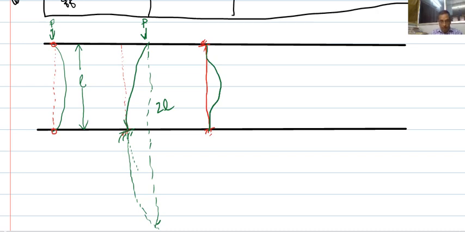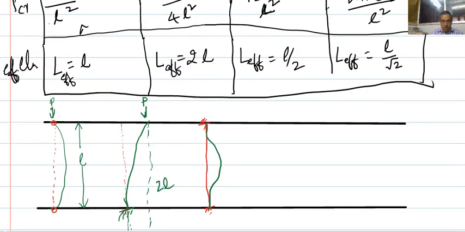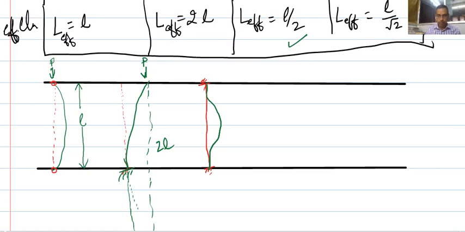It does not start buckling immediately here; buckling starts after some distance. So what is the effective length here? As I told you, the effective length for the third one is L by 2. That is nothing but this. This will be my L by 2.